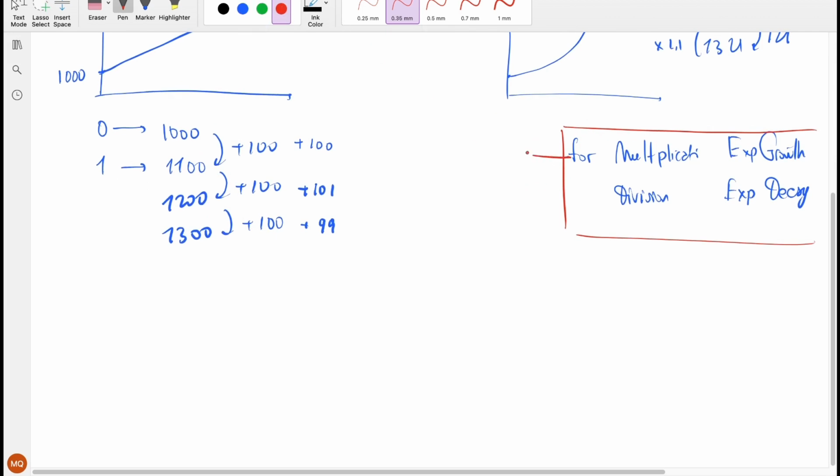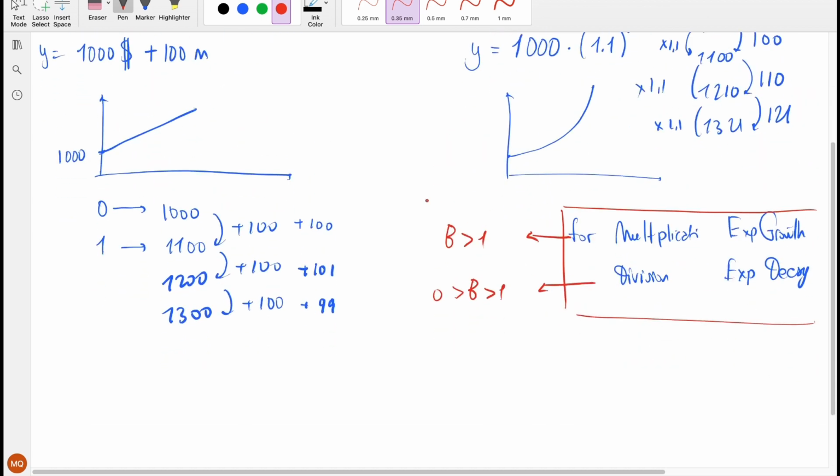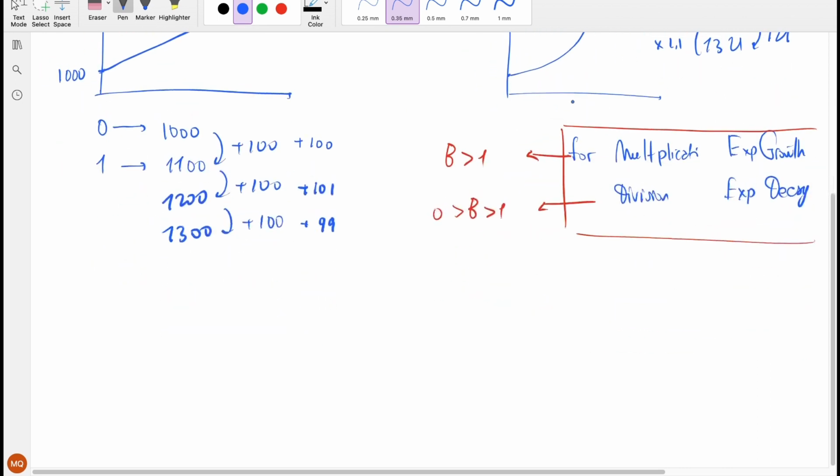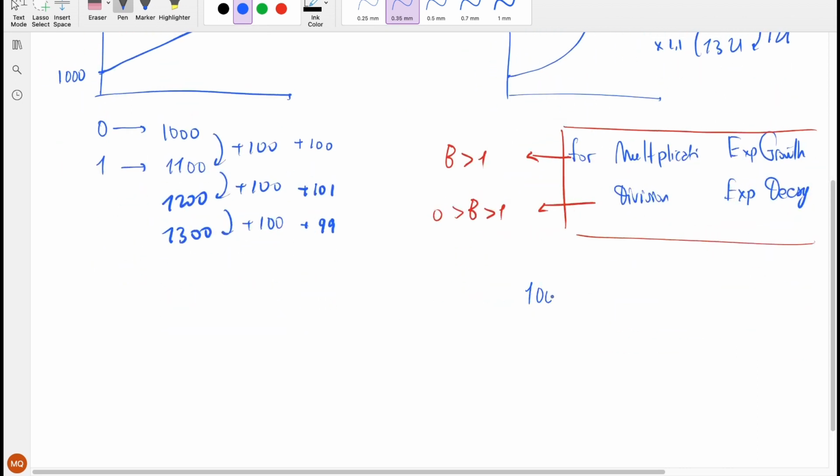Let's write it like this: when b is greater than 1, this one is exponential growth, but when b is greater than 0 but less than 1, it is called exponential decay.